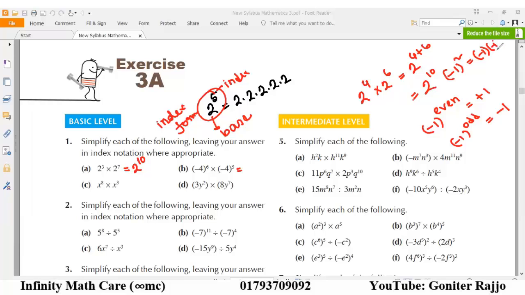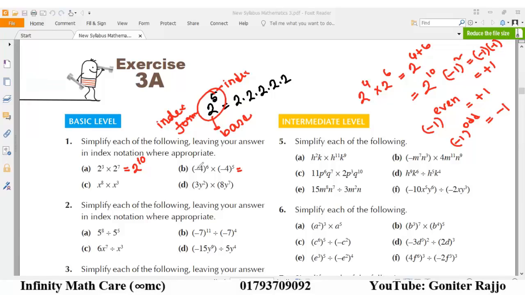Excellent. So minus 1 into minus 1. We know minus into minus is plus, and 1 into 1 is 1. So a negative number to the power of an even index will be a positive number. Negative to the power odd will be negative. Minus 1 cubed will be minus 1. Minus 1 to the power 5 will be minus 1.